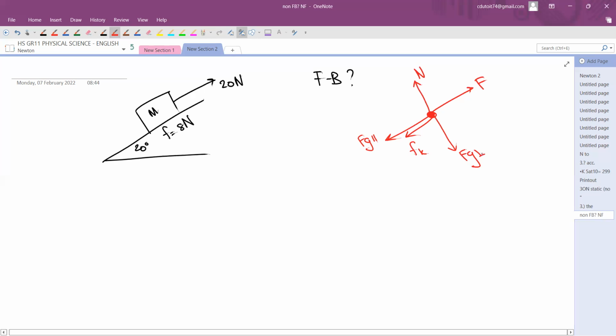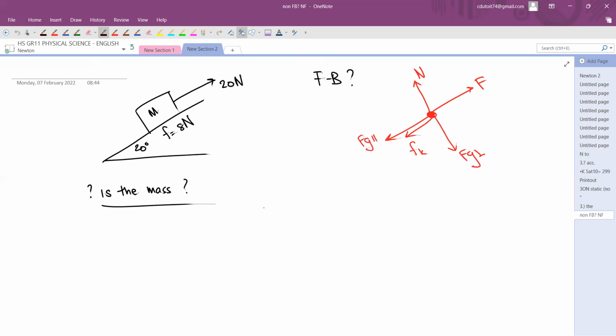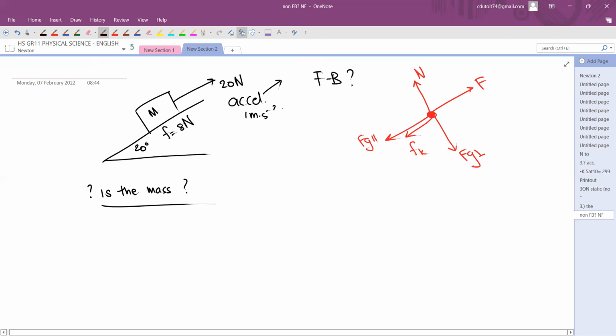Is that correct? Yeah. Okay. I want to know, what is the mass? What's the mass of that object? Well, let's say it's accelerating upwards at 1 meter per second squared.